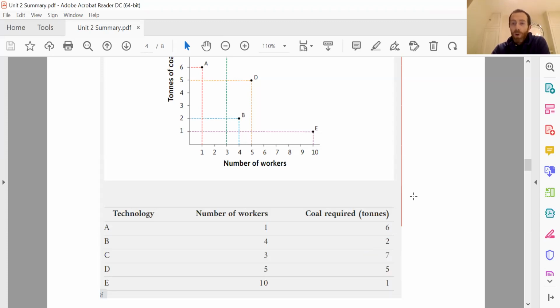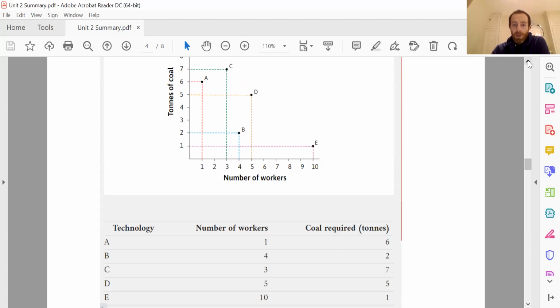So whichever option of these 5 technologies they choose, they get the same level of output, but you can see that they require different numbers of workers and different amounts of coal. So how does the firm decide which technology to choose, which one's best? Now, before I go into that, just some terms to point out. Here we could talk about labor-intensive technologies and maybe energy, coal-intensive technologies.